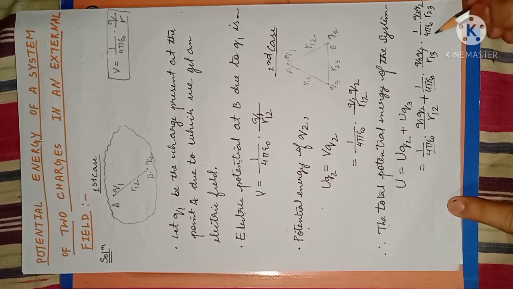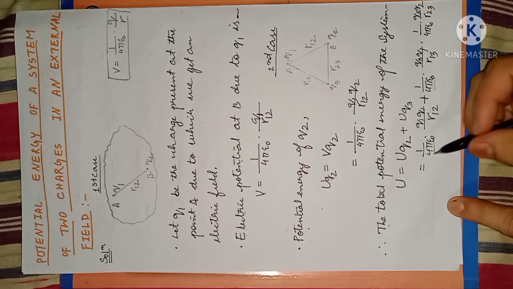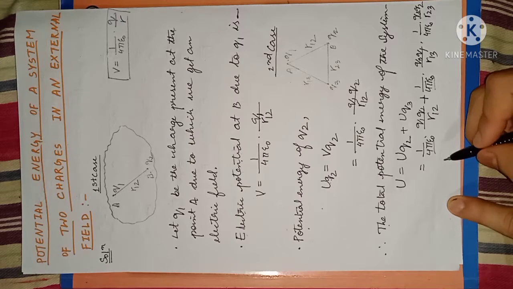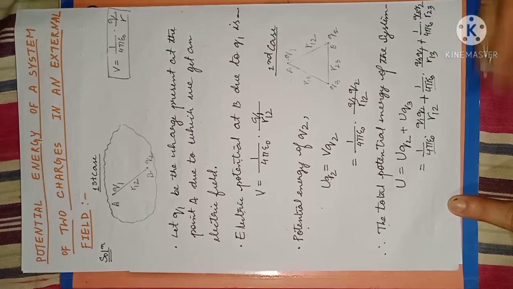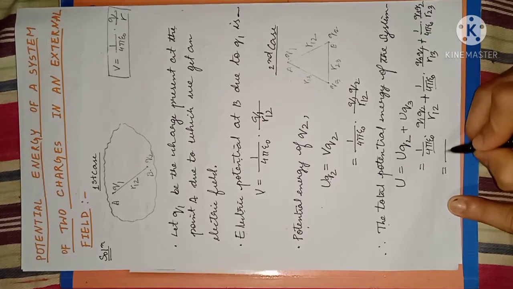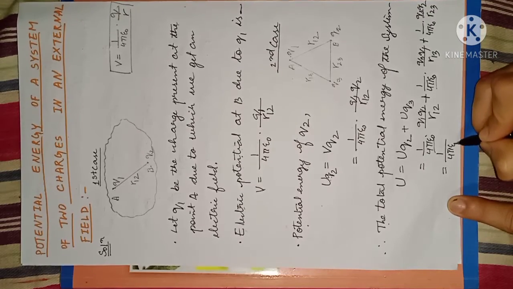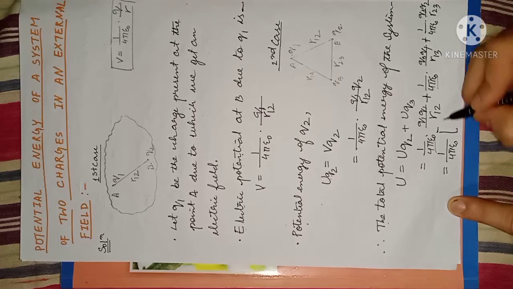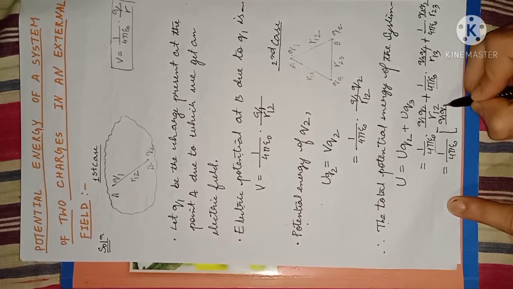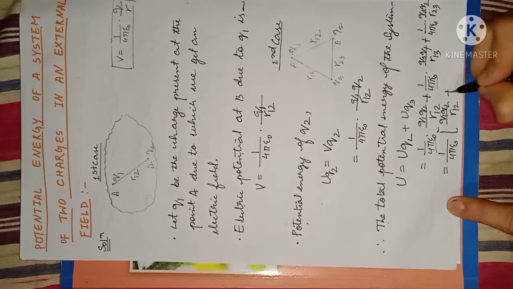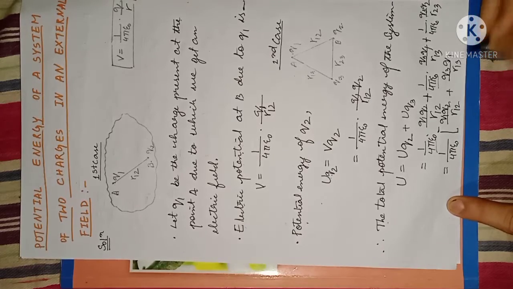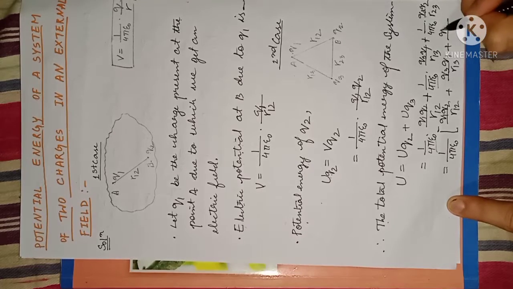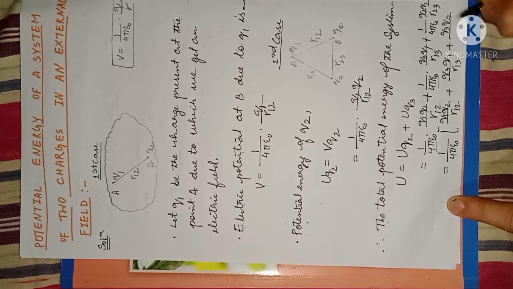Similarly, we can take the common, so 1 by 4 pi epsilon naught into Q1 into Q2 by R12 plus Q3 into Q1 by R13 plus Q3 into Q2 by R23.